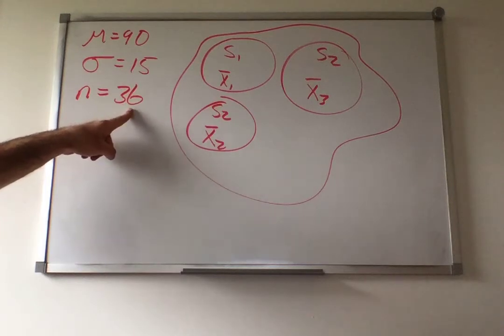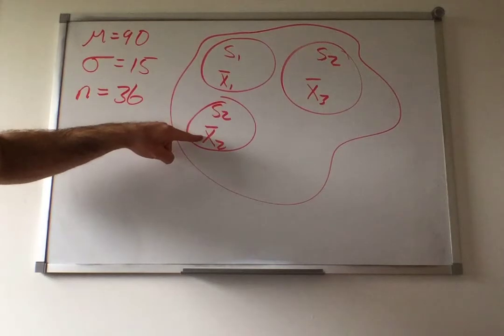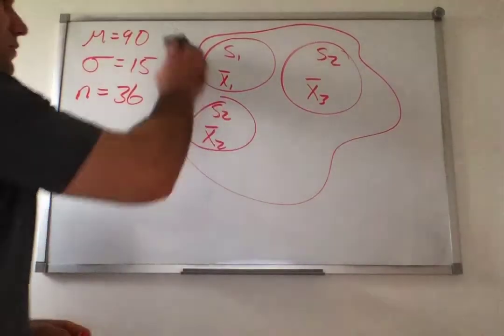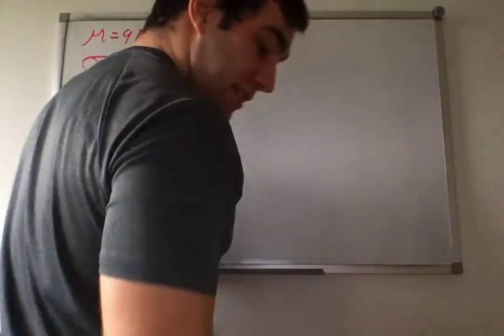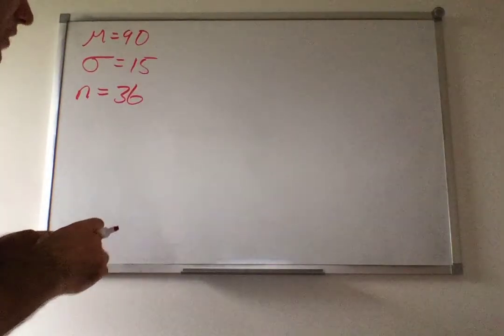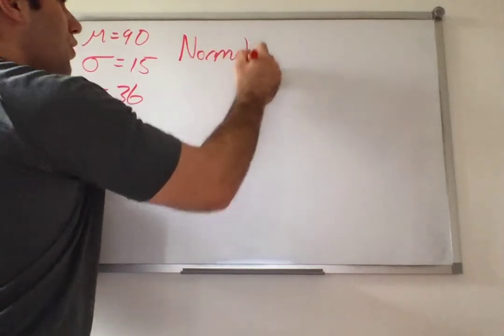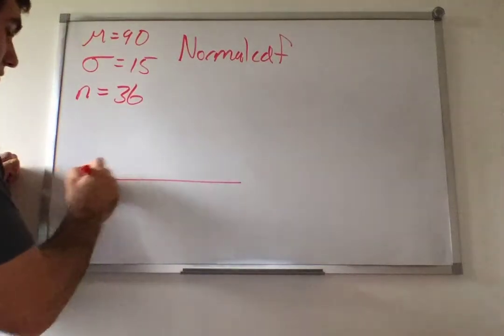What is the probability that our average of that sample is between 85 and 92? This should sound a lot like the Chapter 6 problems, because we're going to solve it just like the Chapter 6 problem. We're going to use normal CDF. So let me draw you a picture.